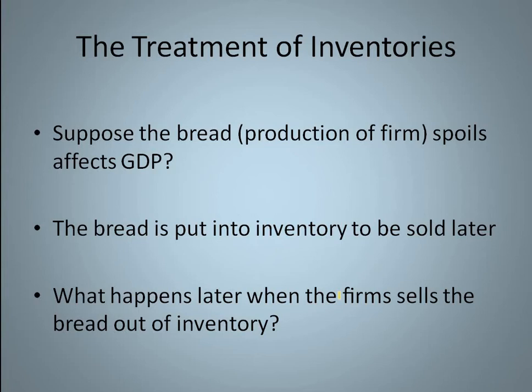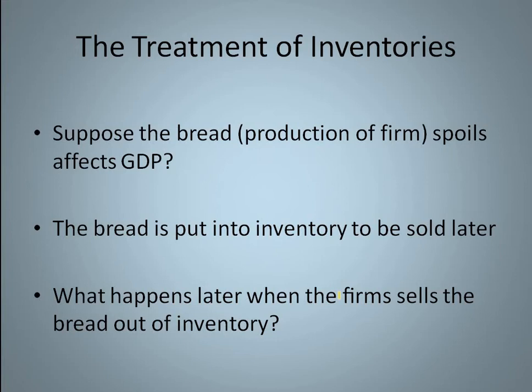Now suppose instead that the bread is put into inventory, perhaps frozen to be sold later. In this case, the national income accounts treat the transaction differently.